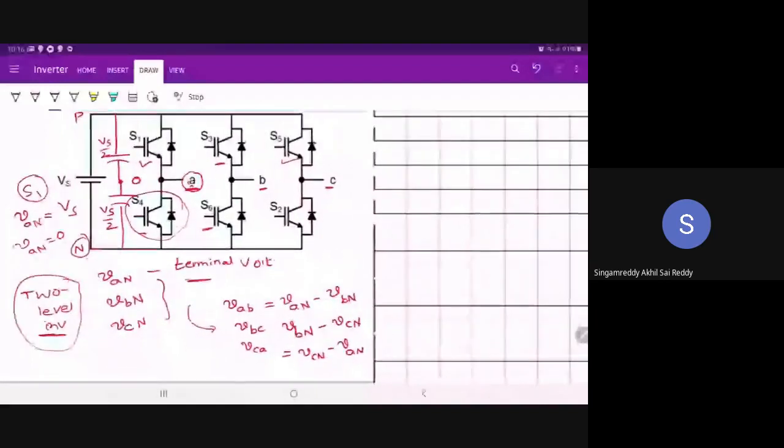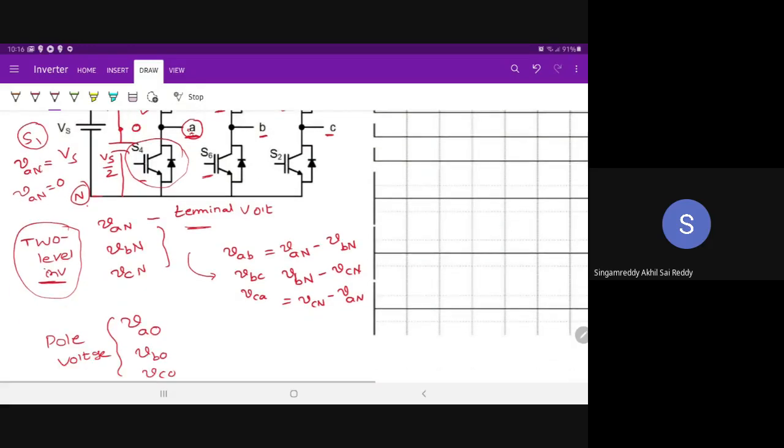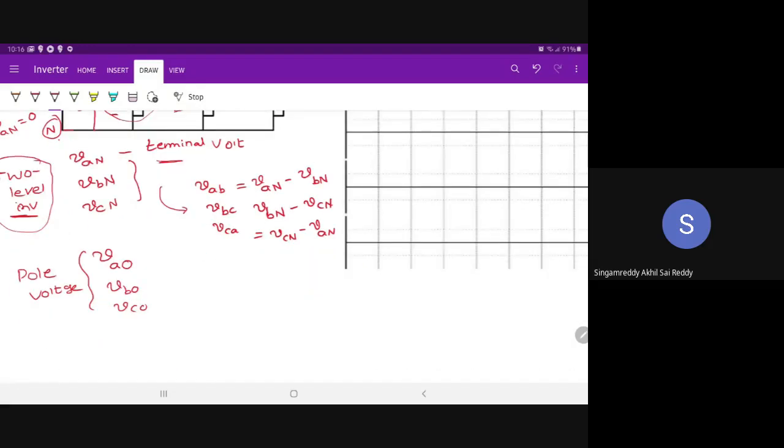Now we have the pole voltages VA0, VB0 and VC0. Here also VAB can be written as VA0 minus VB0, and similarly the other line voltages.